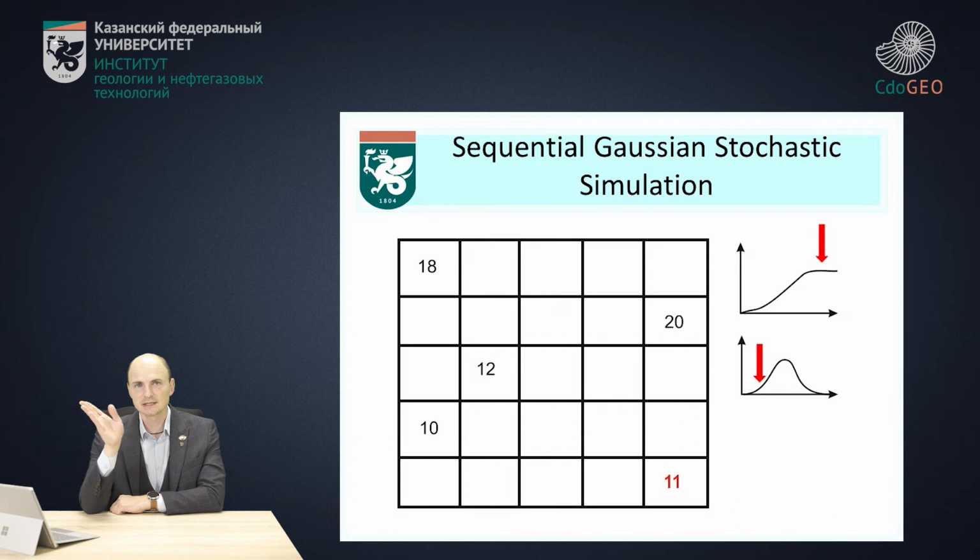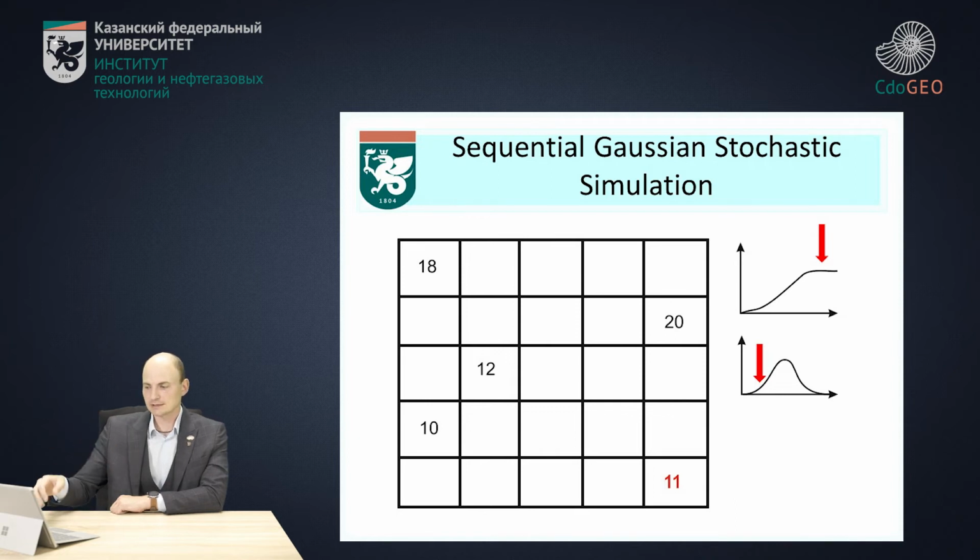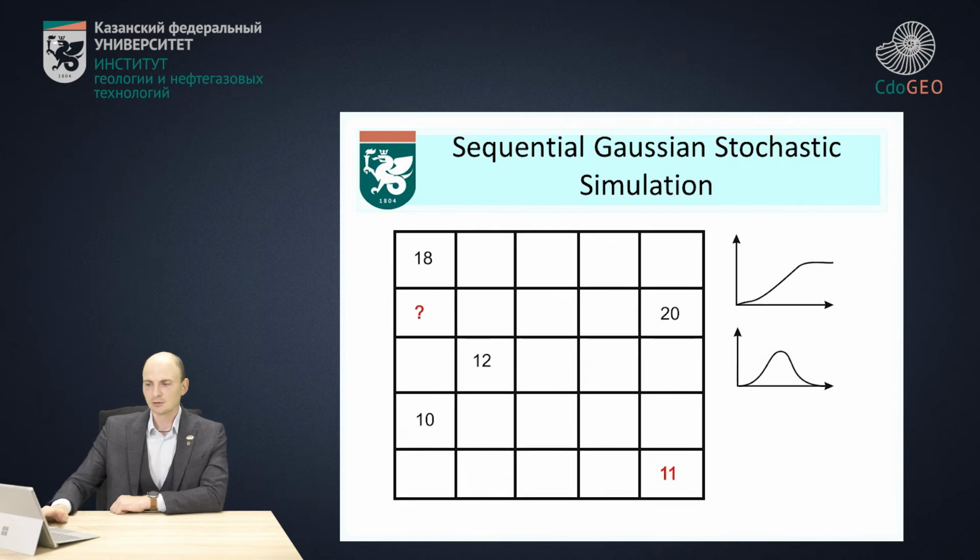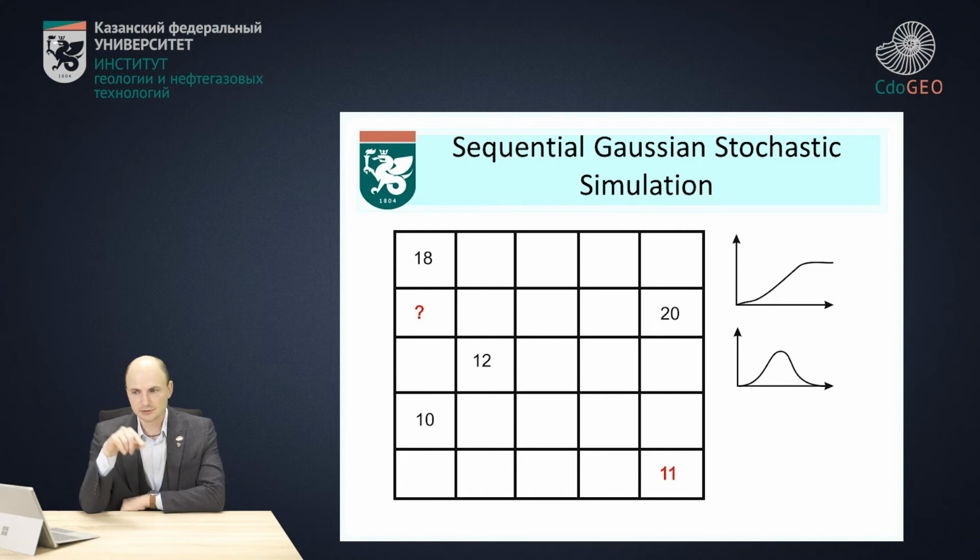For example, it takes the bottom left cell. This cell is outside of the range of all of our wells. That means the point is independent, so the program can randomly choose any value for this point. In our case, for example, it gives us 11. That is a possible value.